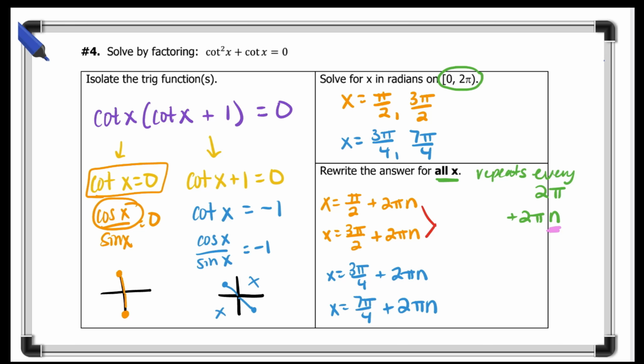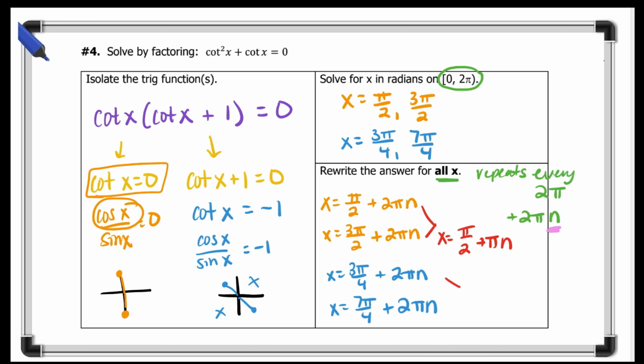So your pattern actually repeats every pi. So you can write your answer in another way: x equals pi over 2, and then it repeats every pi n. Instead of 2 pi n, you could write it as pi n.